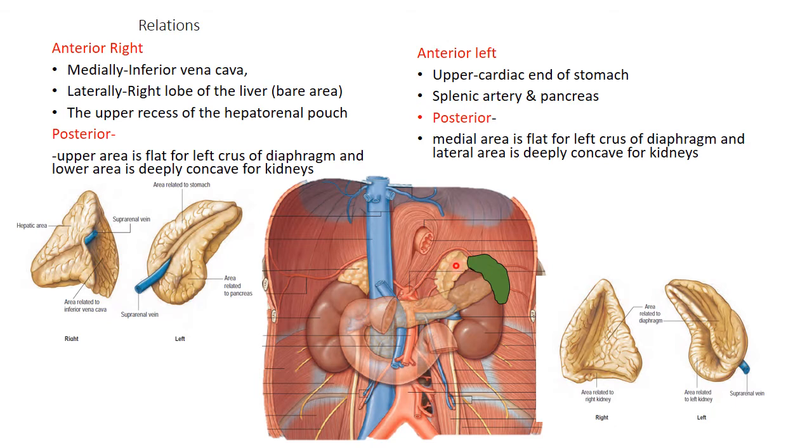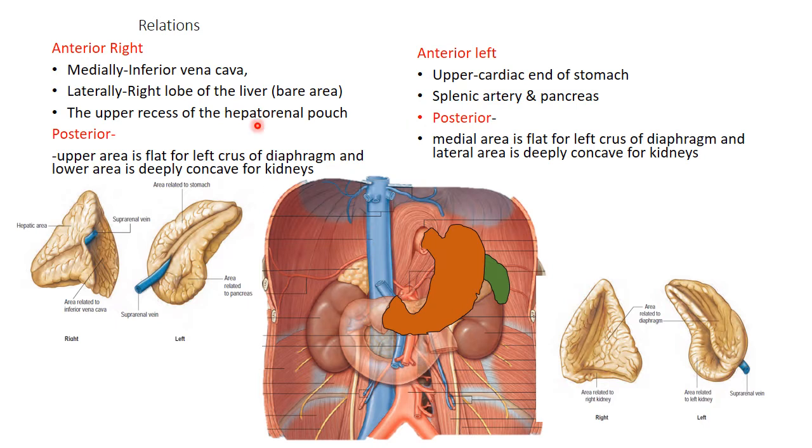So the upper part is related with the cardiac end of the stomach, and below that splenic artery and the pancreas will be related. So I'll make relation with the stomach over here. This part I've said will be related with the stomach like this.